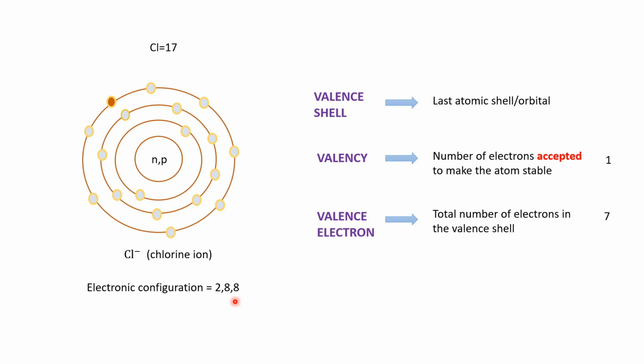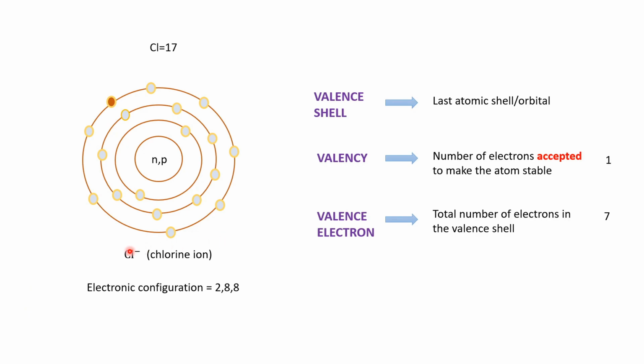As you have observed in the previous example, I have written here the number of electrons donated, and in this example I have written the number of electrons accepted. So the basic definition of valency becomes that the number of electrons donated or accepted by an atom to make the atom stable is known as valency.